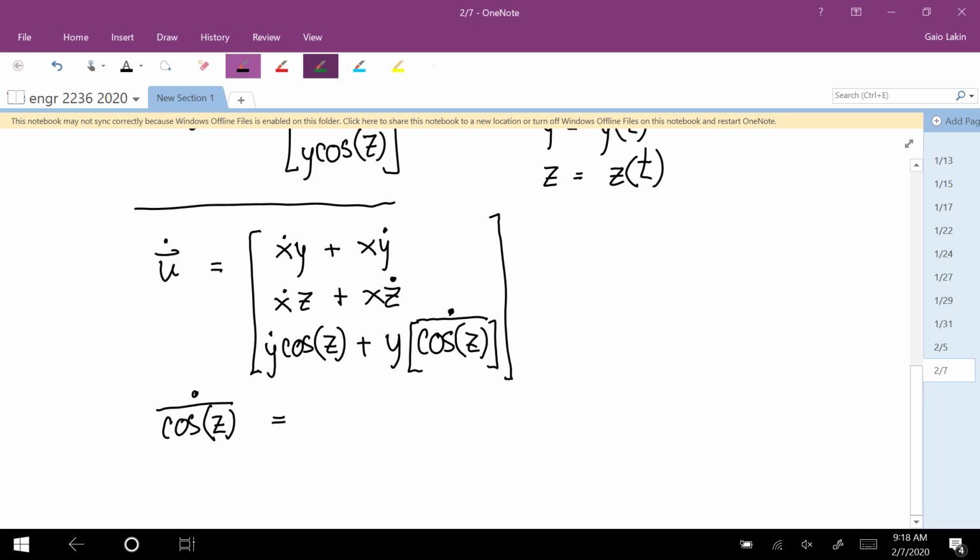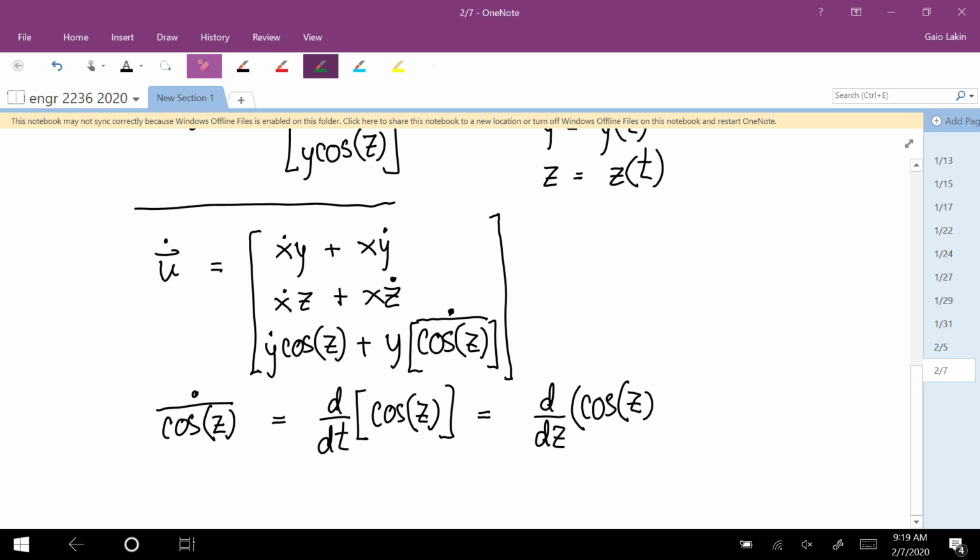this is d dt of cosine of z. And the chain rule says that's d dz of cosine of z times dz dt.